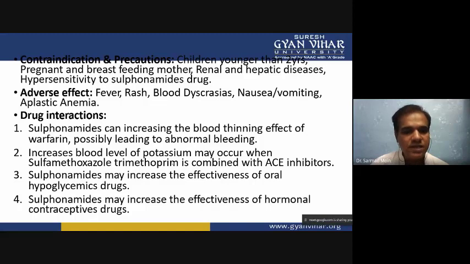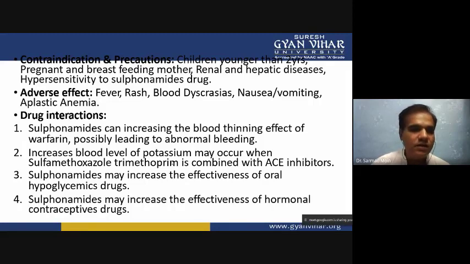Then sulfonamide may increase the effectiveness of oral hypoglycemic drugs and of oral contraceptive drugs. We already know that when we give tetracycline or other antibiotics in combination with sulfonamide, if two antibiotics have the same type of effect, then the effect will always increase.